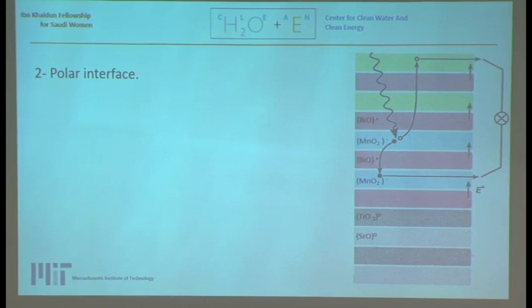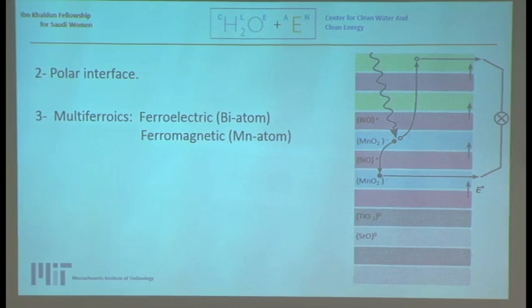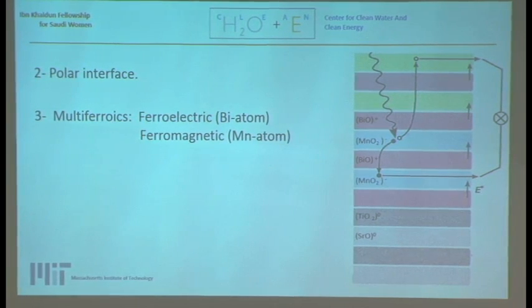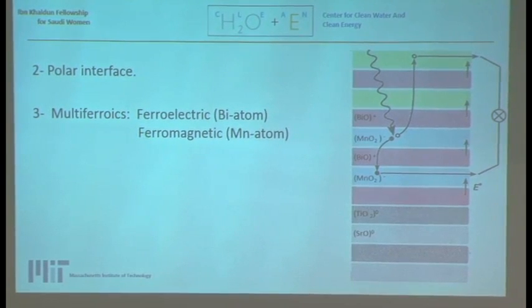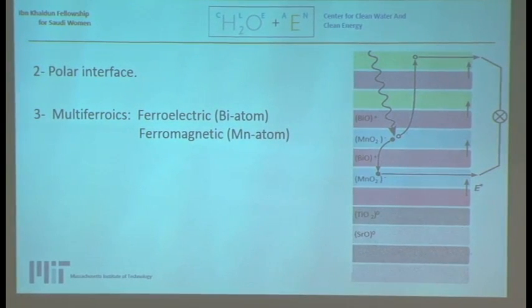The third reason to pick this material is that it's multiferroic, which means that it's ferroelectric, that it has a spontaneous electric polarization which can be reversed by applying an electric field. And this property comes from the presence of the bismuth atom in the oxide.